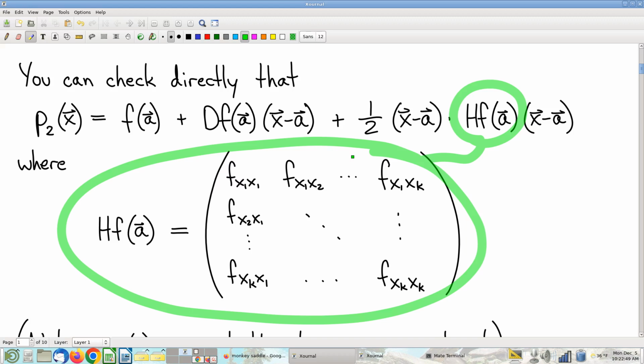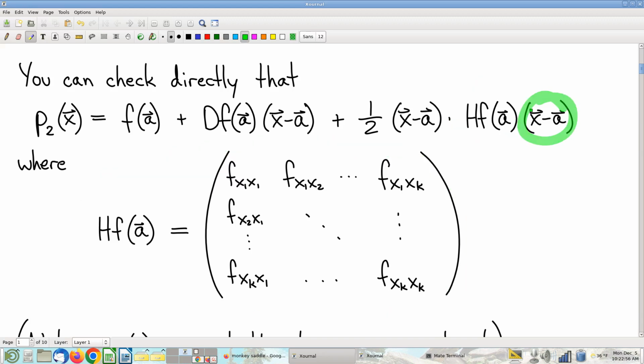And so in the single variable case, it's just a scalar, and this is a scalar, so this is just scalar times scalar. It's just a number, and this dot product is then just multiplication. And you can see it actually turns into the right expression. It's x minus a quantity squared, and the second derivative, and there's that 1/2. So this will simplify in the single variable case exactly as it's supposed to.